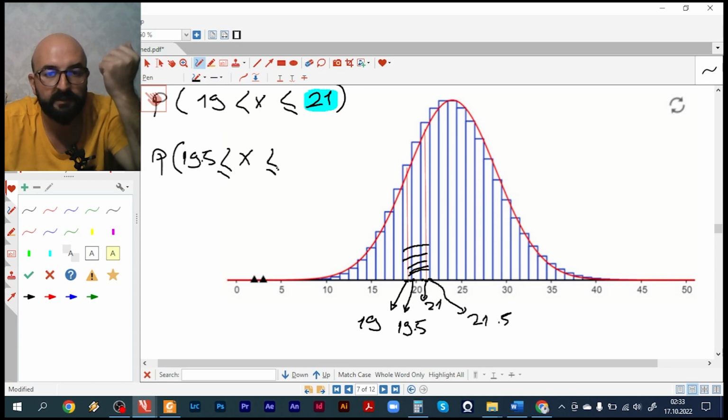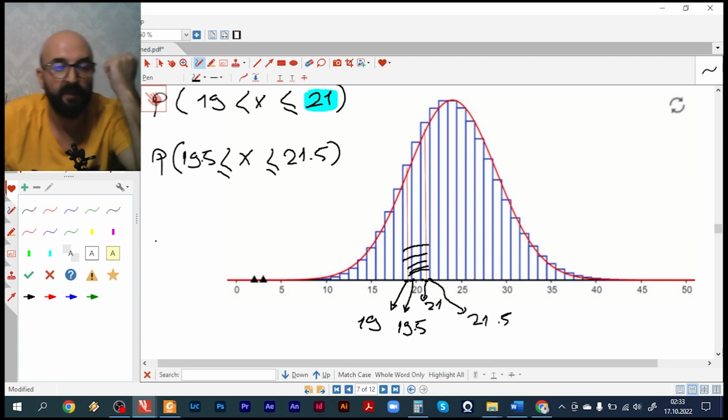So x is greater than or equal to 19.5 and less than or equal to 21.5.